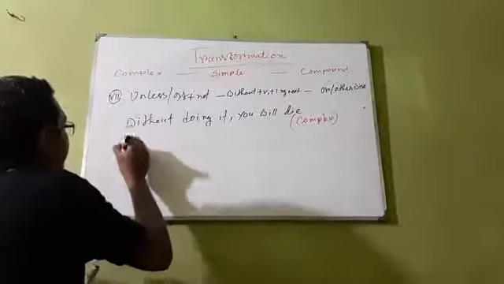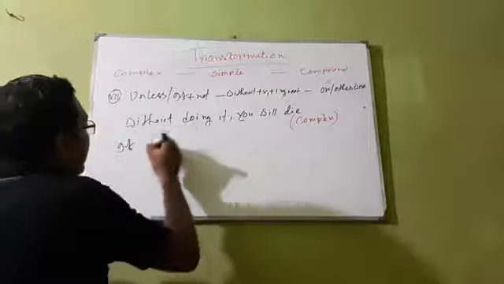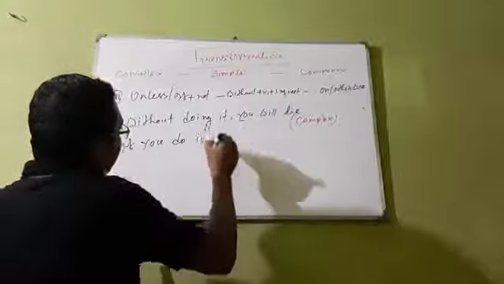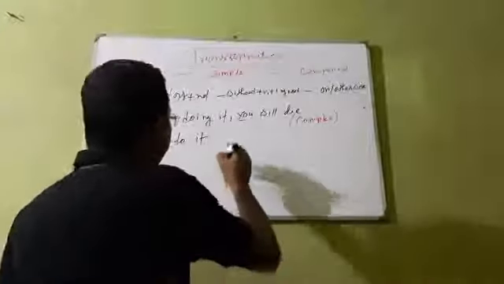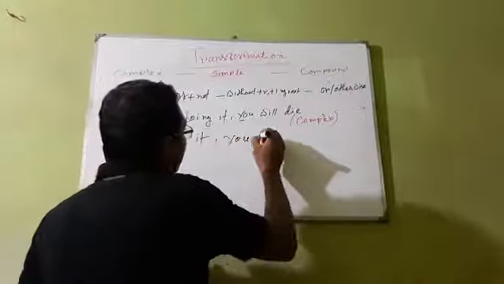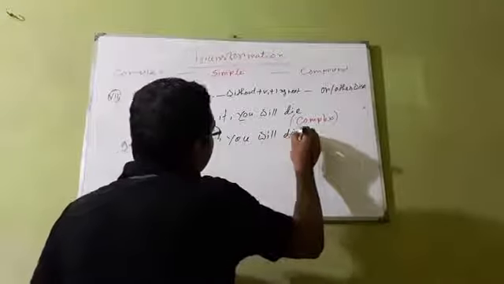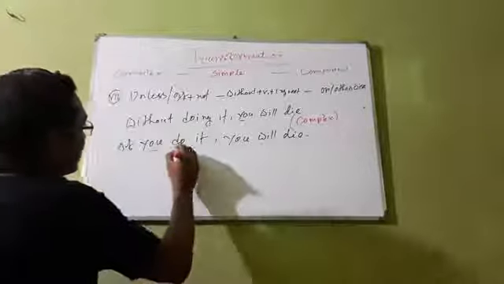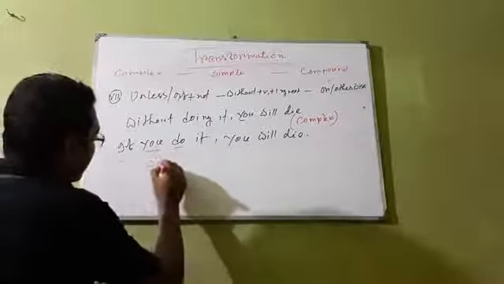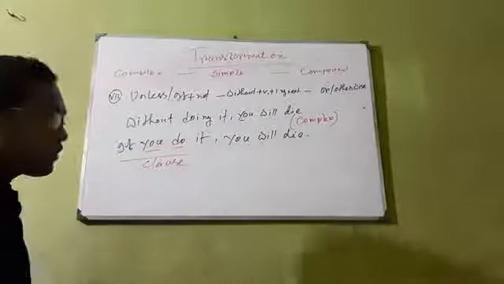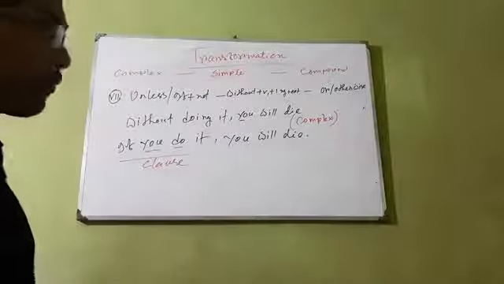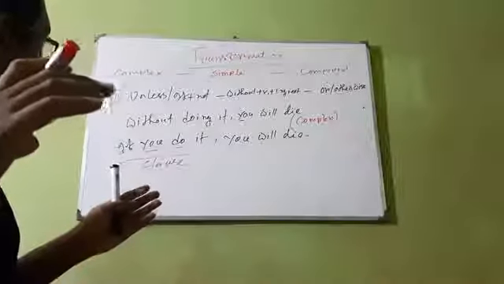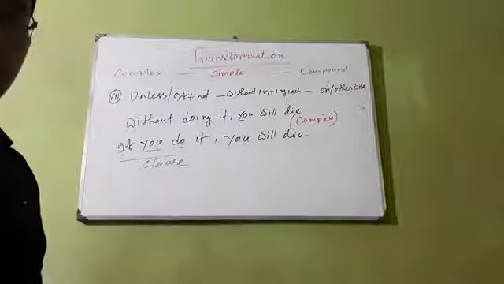If you do it, you will die. Now look, there is a subject and there is a finite verb. That means this is a clause. Without a subject and without a finite verb, we cannot call a portion of a sentence a clause.